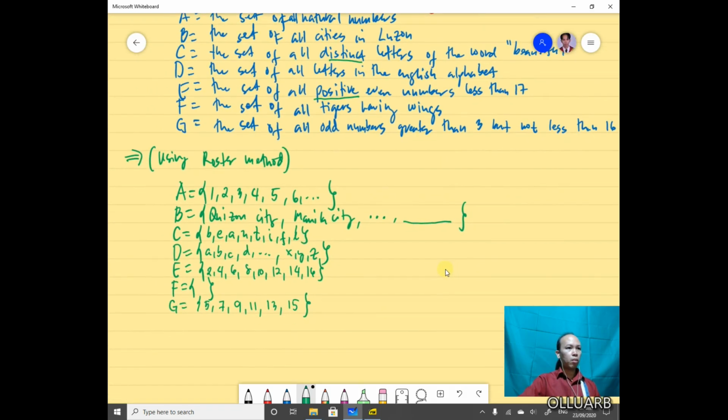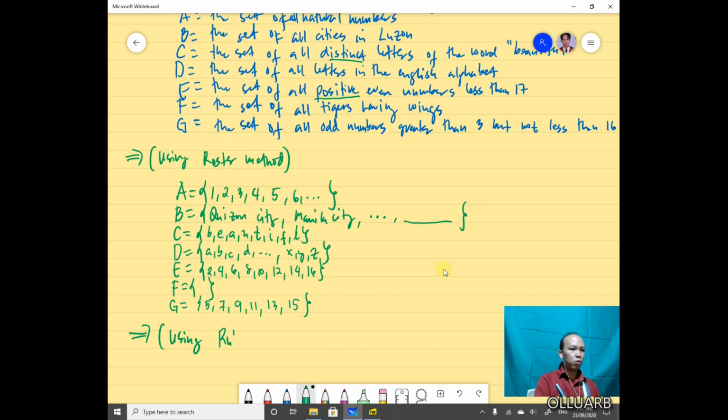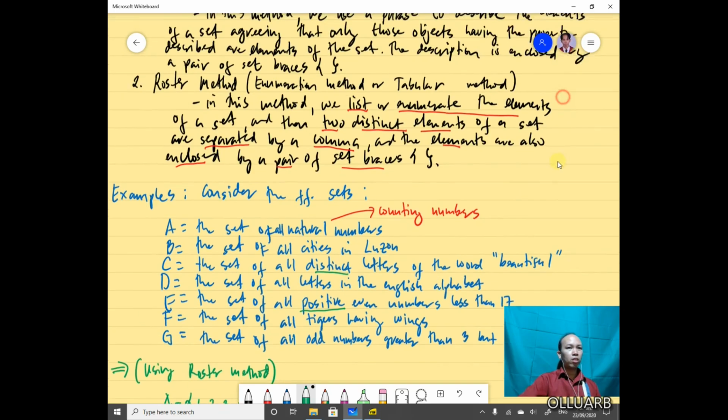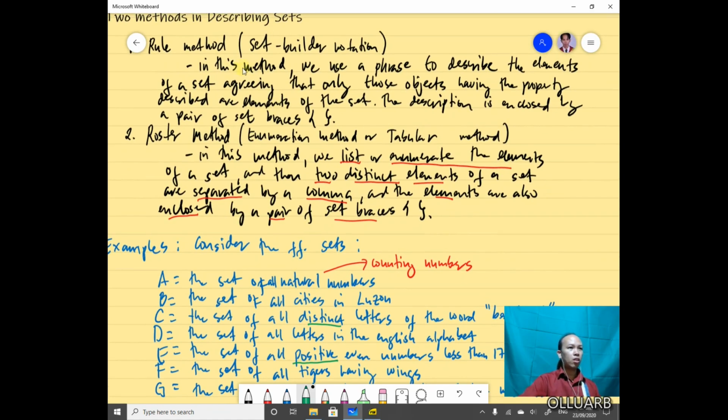So what will happen if you use the rule method or set builder notation? Let's recall the definition. In this method we use a phrase to describe the elements of a set, agreeing that only those objects having the property described are elements of the set.